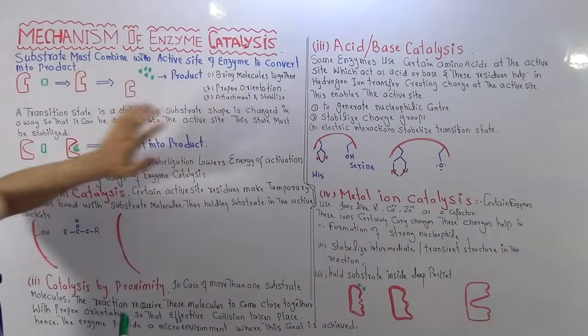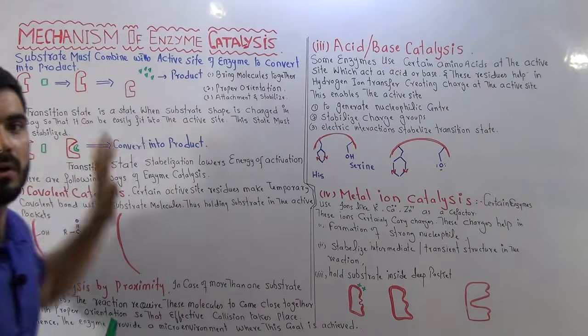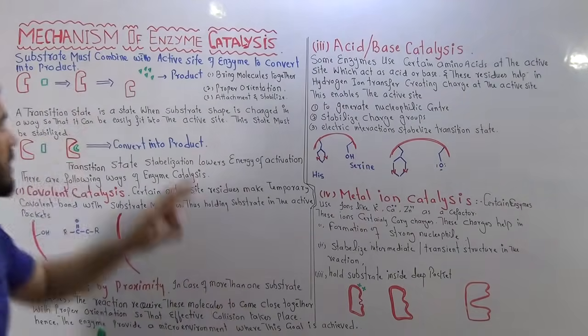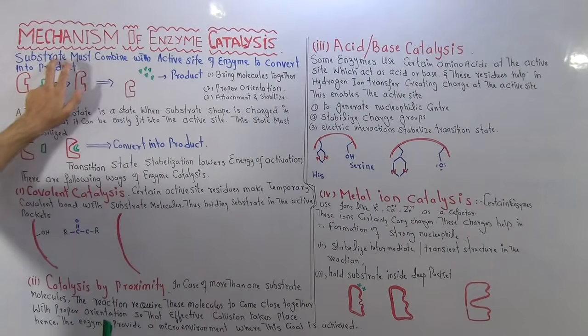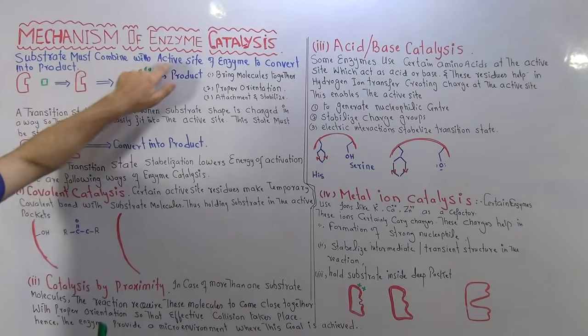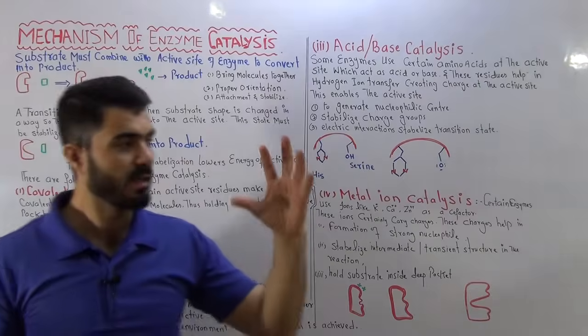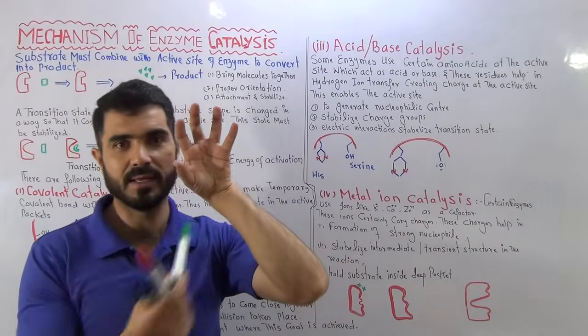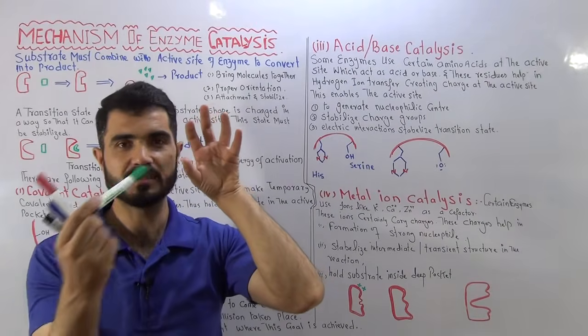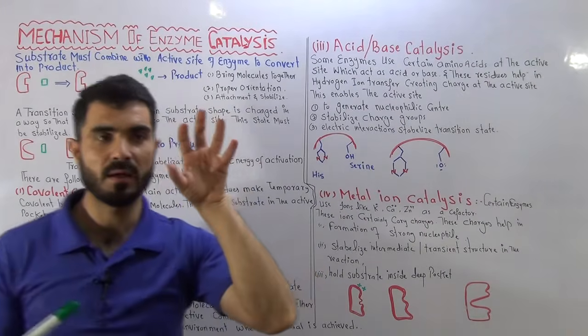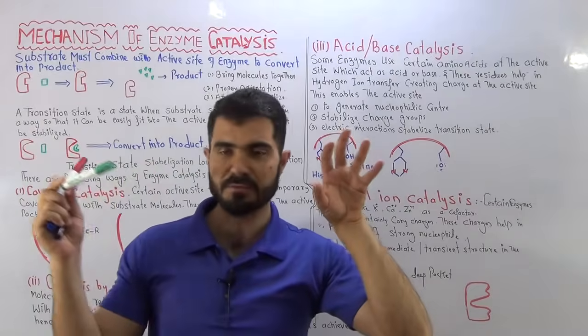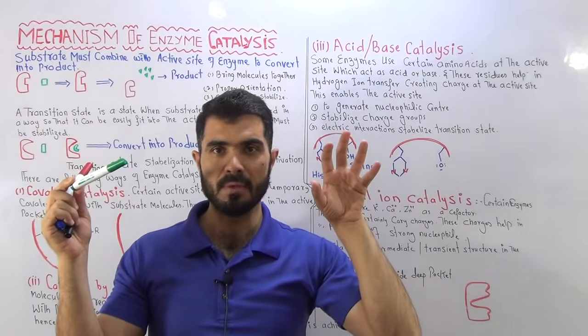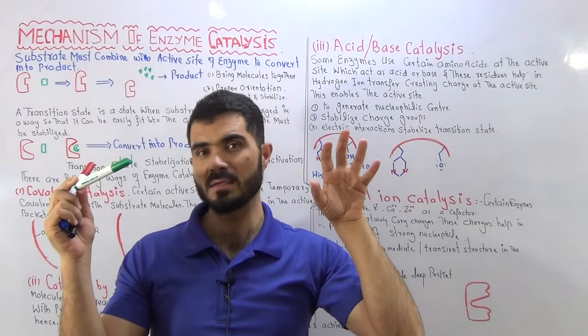In catalysis, we must know this sentence: substrate must combine with the active site. Enzyme, we have the enzyme active site. There's a pocket-like region where the substrate is attached. If your substrate is far away from the enzyme, then the reaction will not take place.